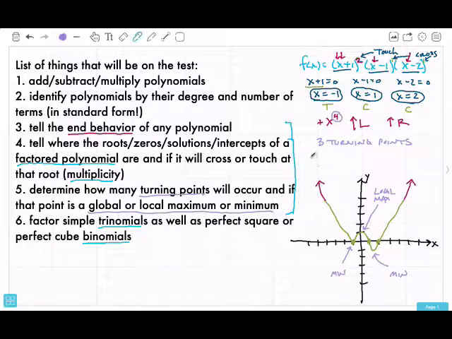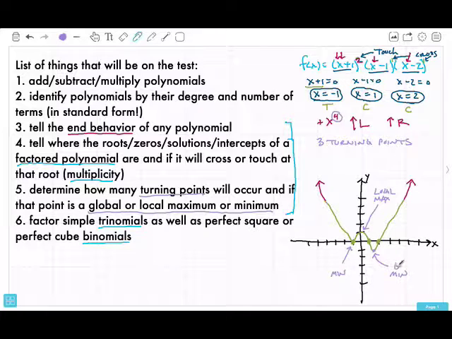The entire function goes up forever in both directions, so that is just locally a maximum value. Minimum values, one of them is global because one of them is the lowest point of all the graph. So the lowest point of all the graph is clearly here. This guy is not going to go as low as that one goes.